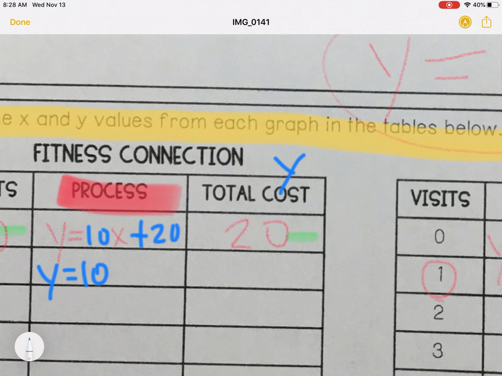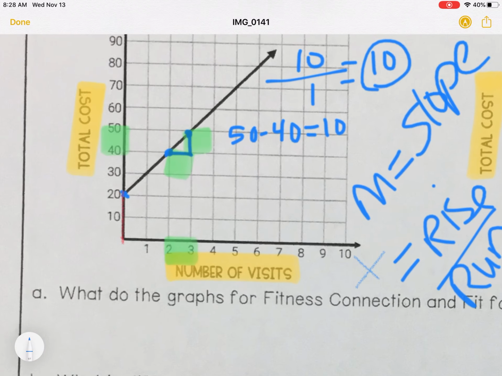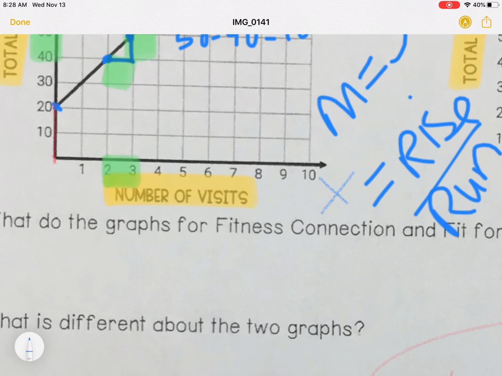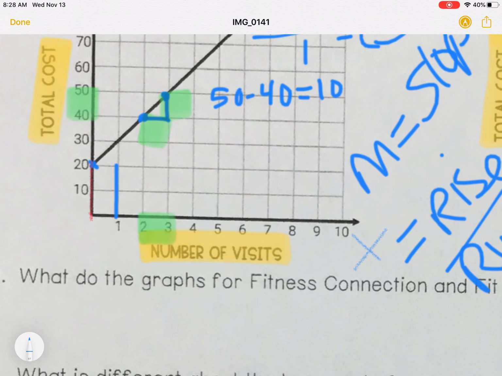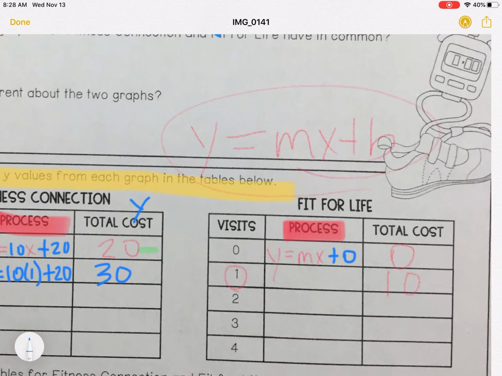So let me plug in my 1: 10 times 1 is 10 plus 20 is 30. Okay, let me put 30. Total cost for 1 visit, let's go check the graph. 1 is all the way up. Yep, it's 30. So that is my process. You need to plug it in all the way down.